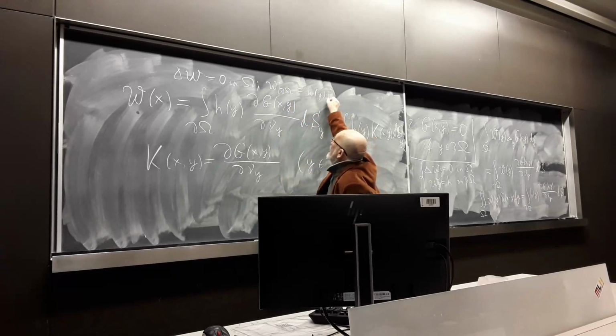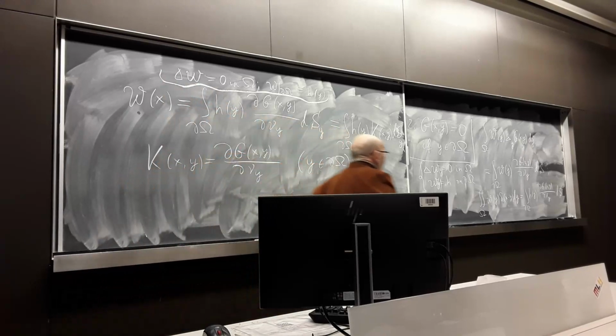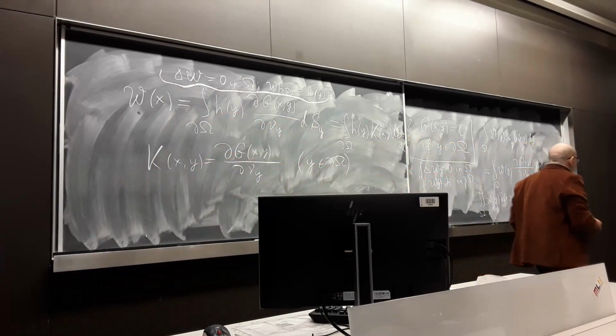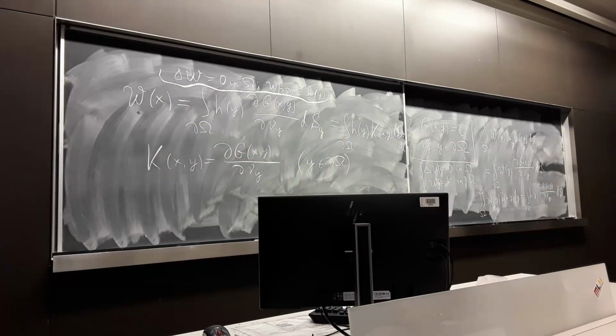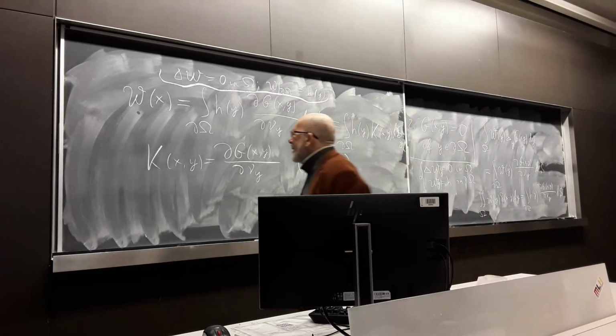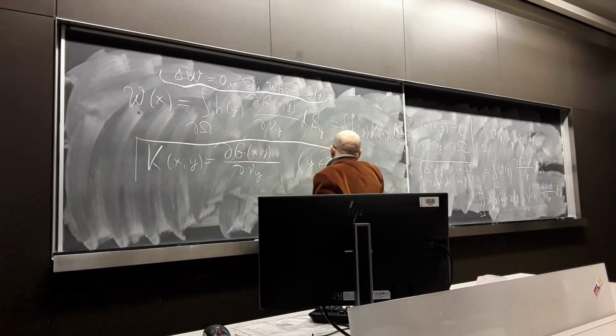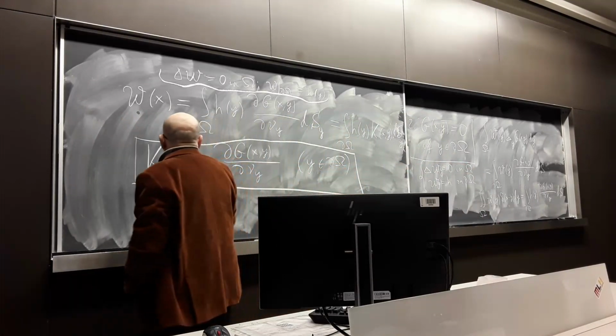So W is a solution of the homogeneous Dirichlet problem: a harmonic function satisfying this boundary condition h of y. So we have a solution provided that we have this Poisson kernel.